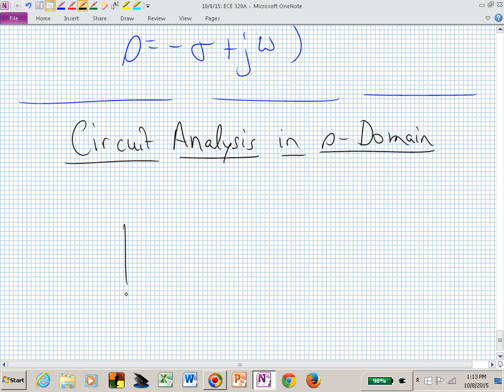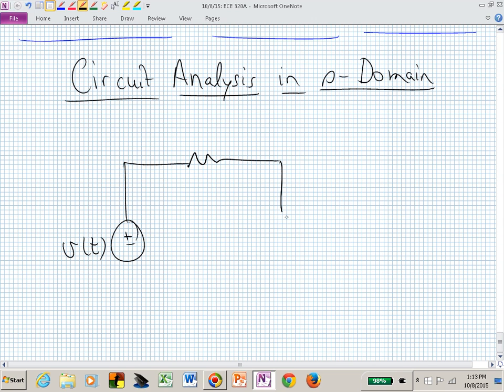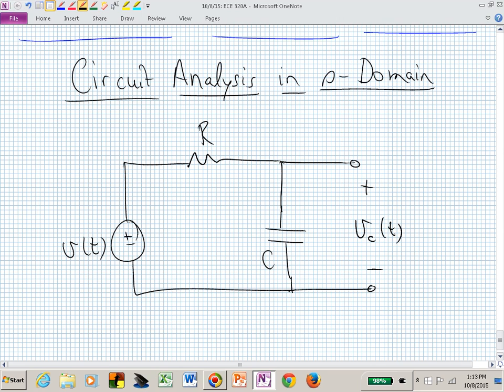Suppose that we now have a circuit that has a voltage source. Let's call that V of t. We have a resistor, and we have a capacitor. And we are interested in the voltage across that capacitor responding to this input voltage source V of t.